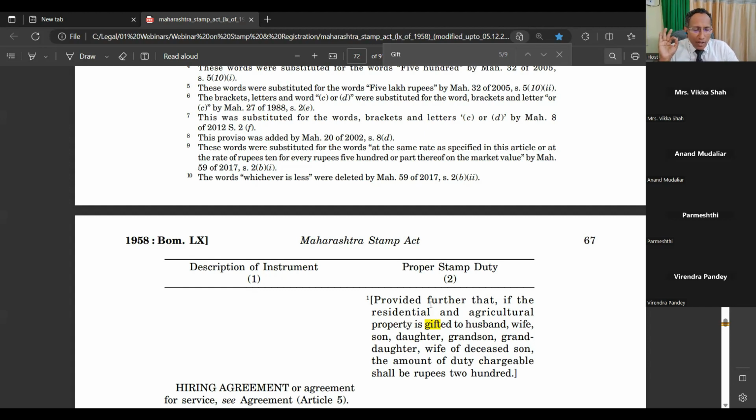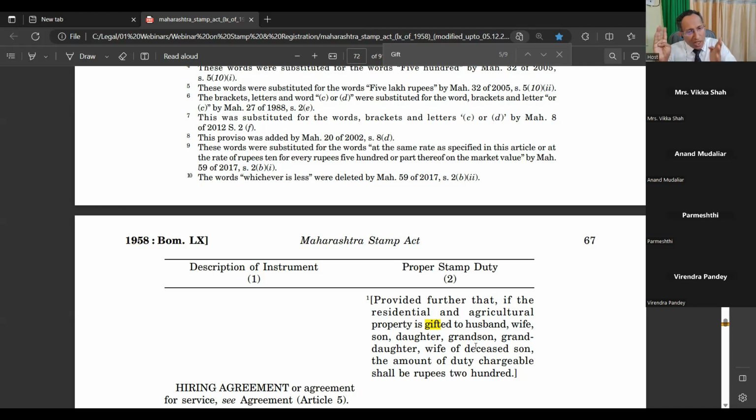If gift, what is it saying? If it is residential and agricultural property. So only two kinds of property are defined, agricultural and residential. And it is gifted to whom? Gifted to husband, wife, son, daughter, grandson, granddaughter, wife of a deceased son. So they have defined only whom it is given to.